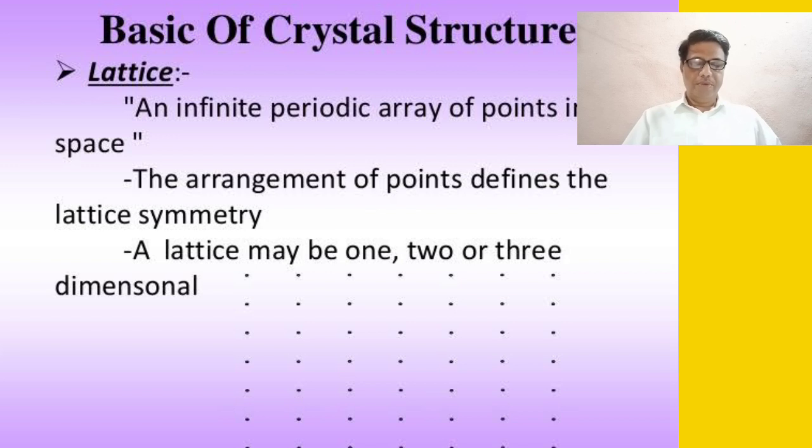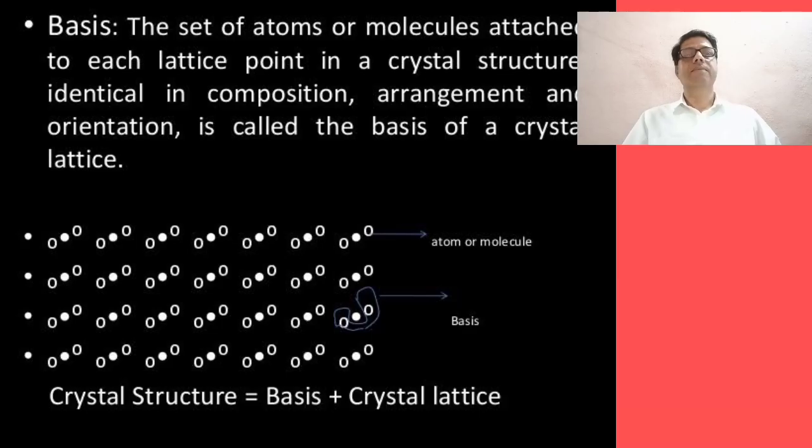Then there is a formation of crystal. Basis is shown in your figure: one black circle and one white circle. So it is a set of atoms or molecules attached in a crystal structure which are identical in composition.